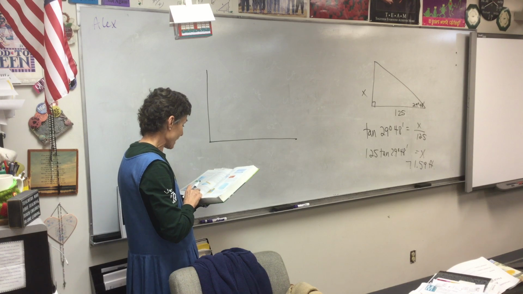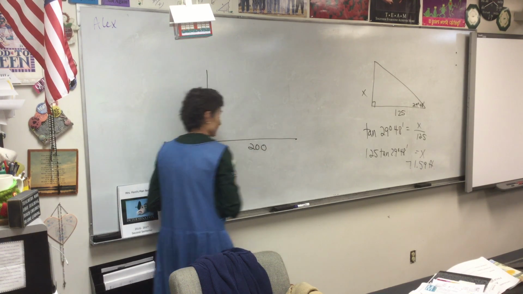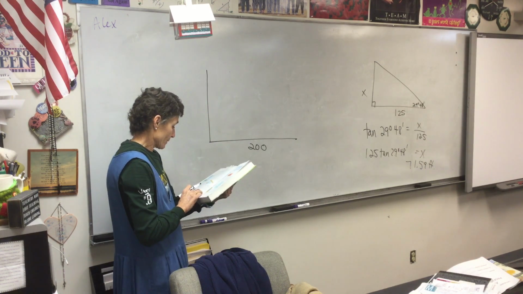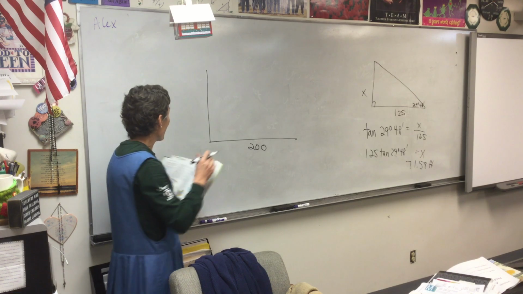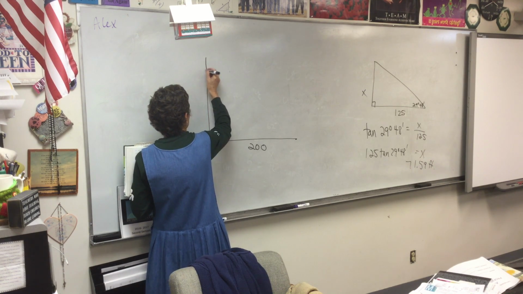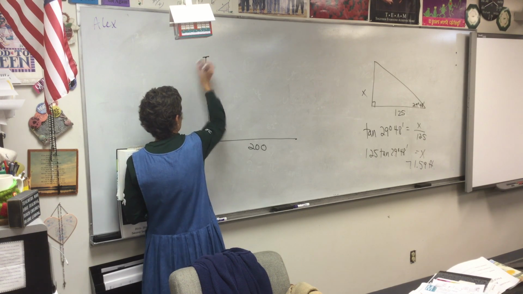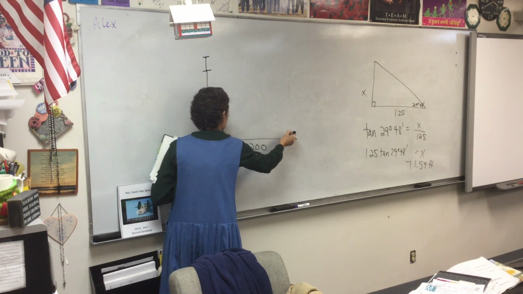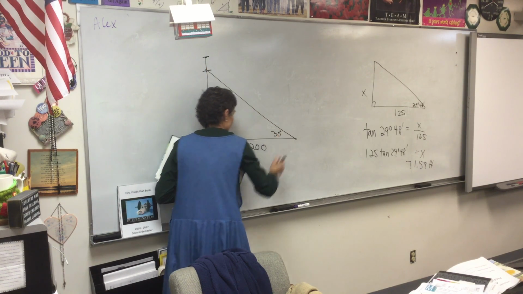The deck is located 200 feet from the observer. And the angle of elevation from the observer to the bottom edge, okay, so here's the deck, and here's the bottom of the deck and the top of the deck, and the observer is looking at the bottom of the deck, and the angle of elevation is 30 degrees.